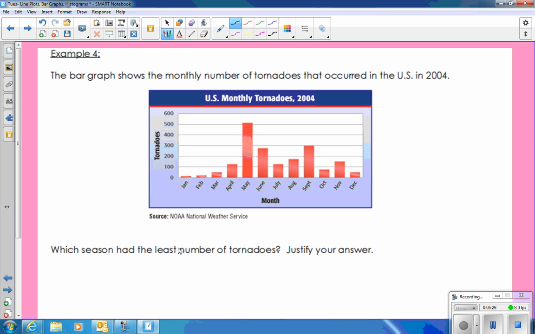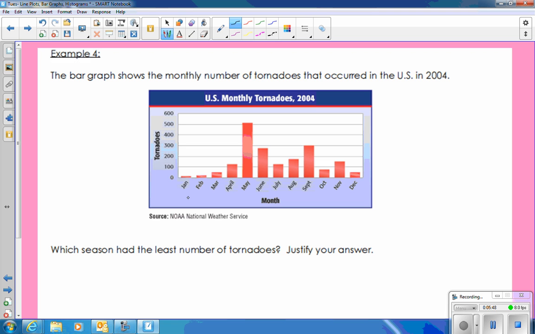So the next one says the bar graph shows the monthly number of tornadoes that occurred in the U.S. in 2004. Which season had the least number of tornadoes? So this is the number of tornadoes for January, for February, and for March and April, May, et cetera. So which season had the least number of tornadoes?